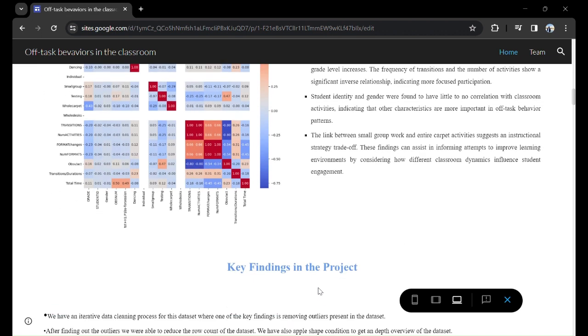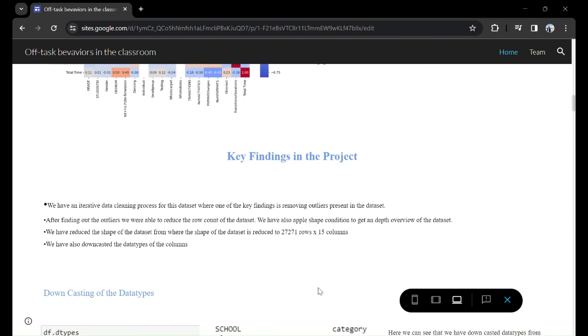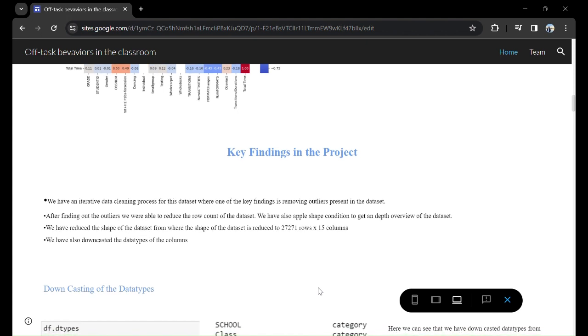Now coming to key findings, we have done an iterative data cleaning process for the data set, and the key finding is that we have removed the outliers present in the data set. After finding the outliers, there is a reduction in the data set shape. It is reduced to 27,271 rows and 15 columns, and we have also downcasted the data types of the columns.